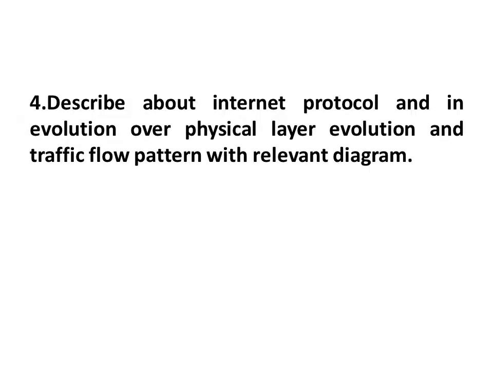Describe internet protocol and its evolution over physical layer evolution and traffic flow pattern with a relevant diagram. So what is internet protocol? Internet protocol: how is it connected, and how is the evolution over the physical layer evolution?